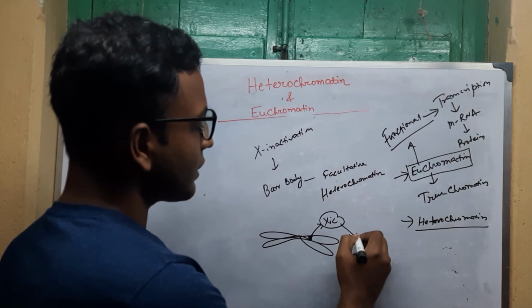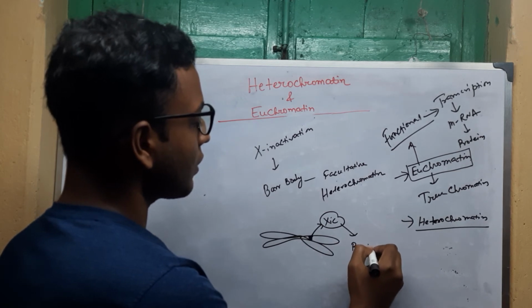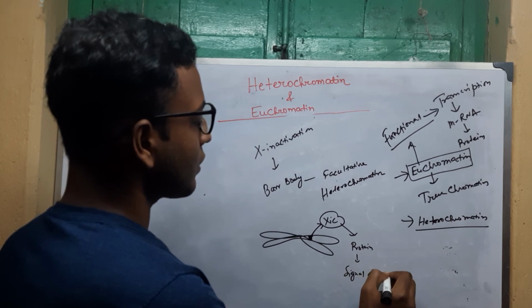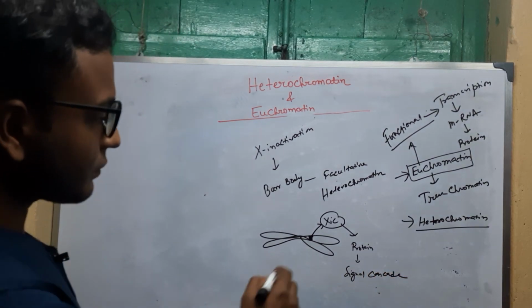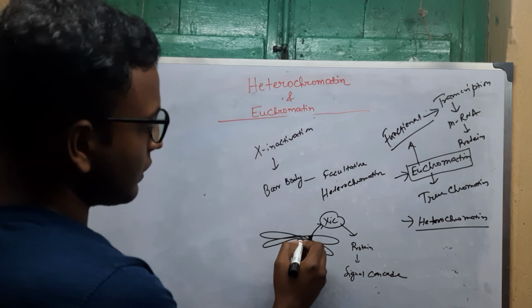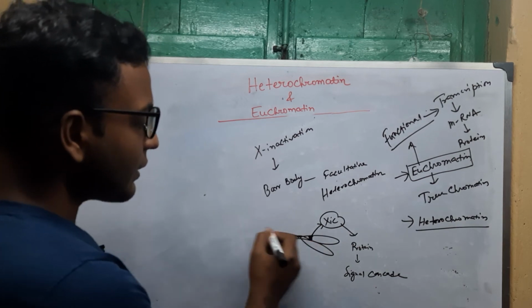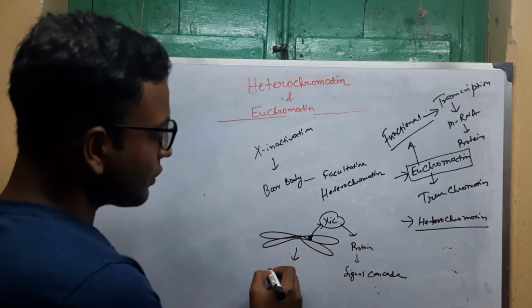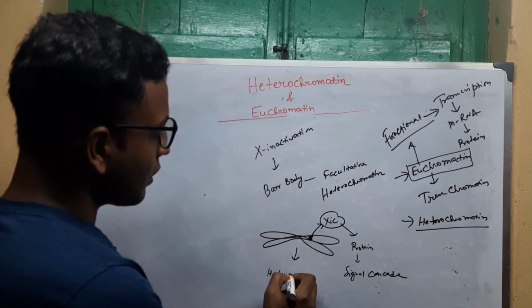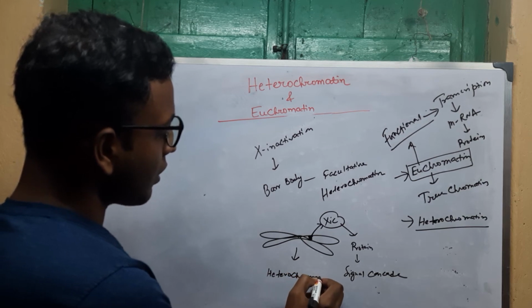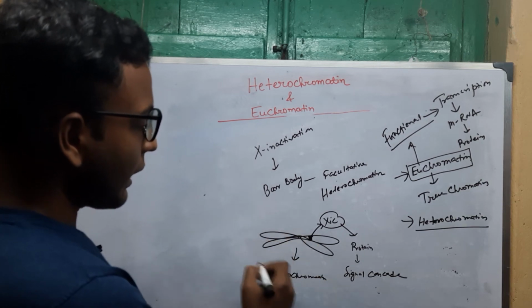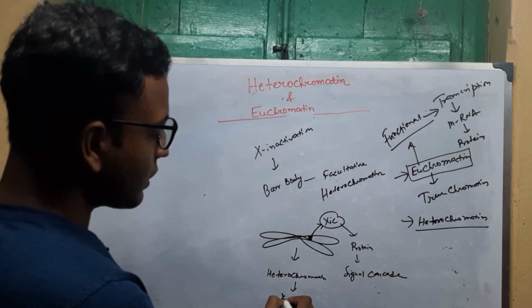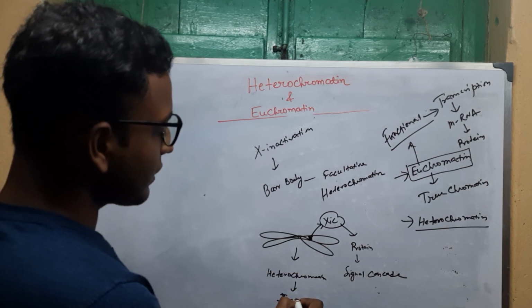From this center, some proteins or a signaling cascade will be generated, and the structure along the X chromosome would be converted into heterochromatin, and in this way the X chromosome would be inactivated.